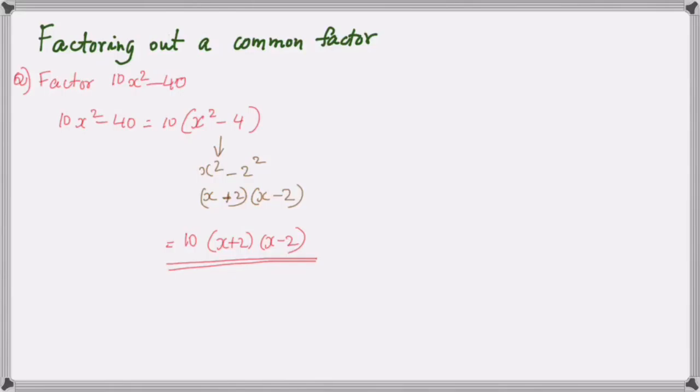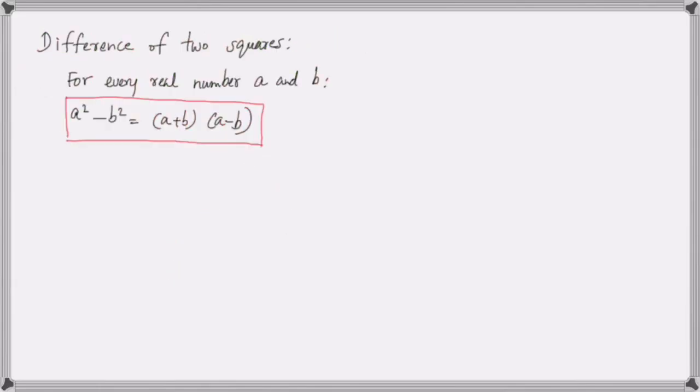Do you agree? Now, what is x square minus 4? You remember the rule we learned before? So x square minus 4 can be written as x square minus 2 square. The solution of x square minus 2 square is x plus 2 times x minus 2, right? Remember the rule? Difference of two squares rule. a square minus b square equals a plus b times a minus b, right?